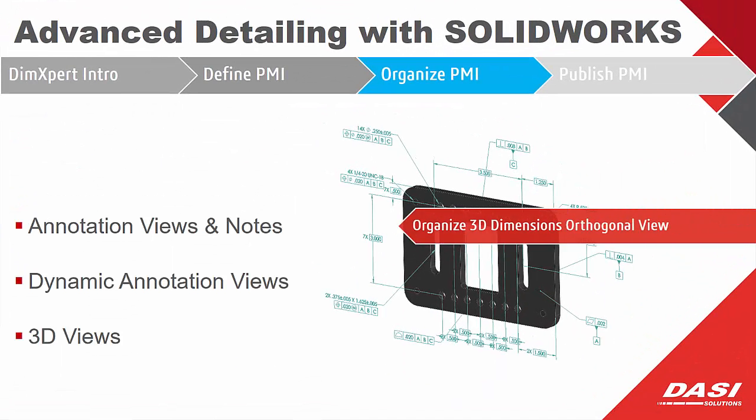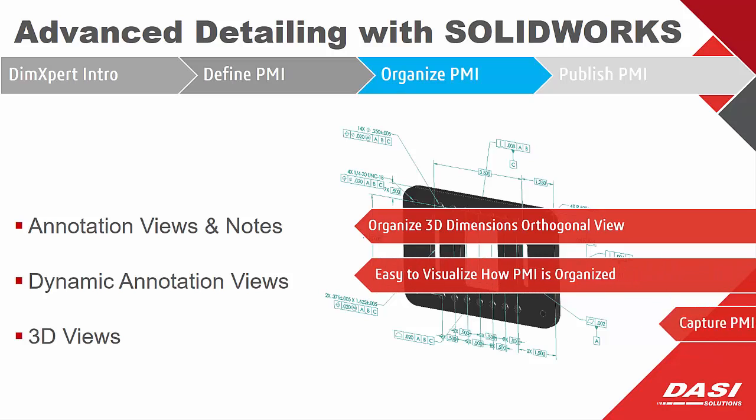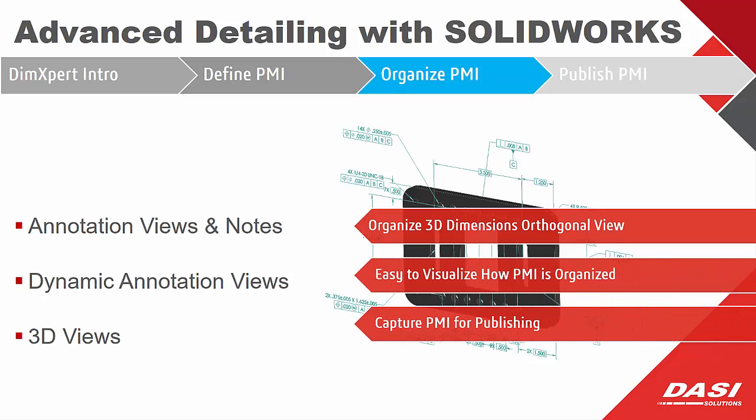So what we were just looking at is how do we organize the product manufacturing information or dimensions in a way that can be easily delivered out to manufacturing so that they can utilize and consume this information. We also looked at the dynamic annotation views. That just makes it a much easier way to get the view into the proper orientation without having too much clutter on the screen.